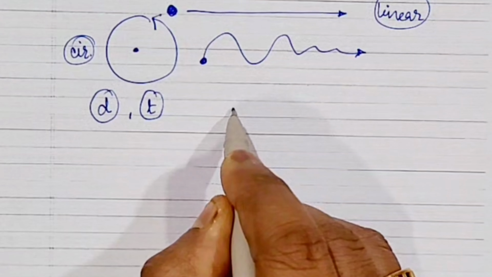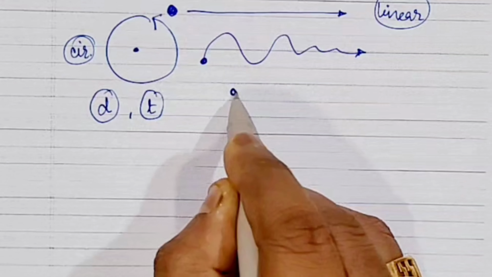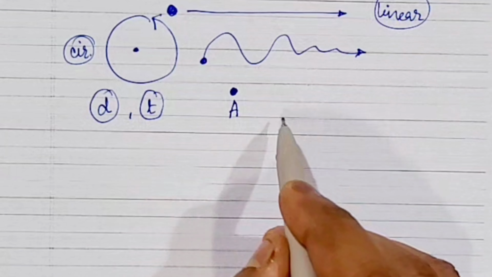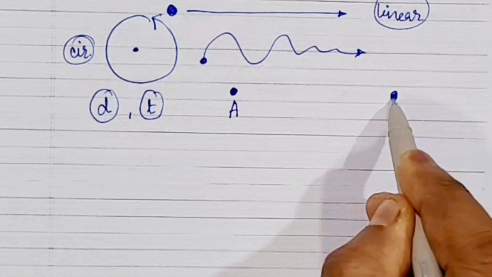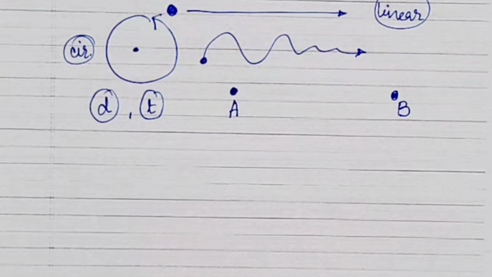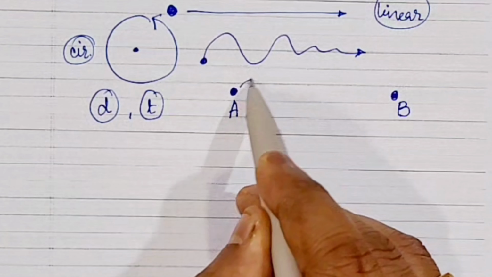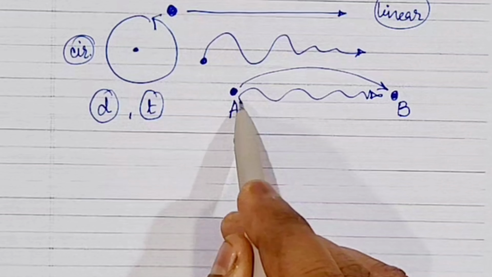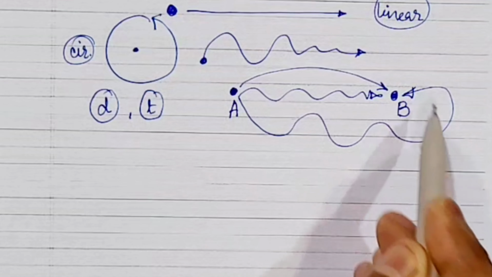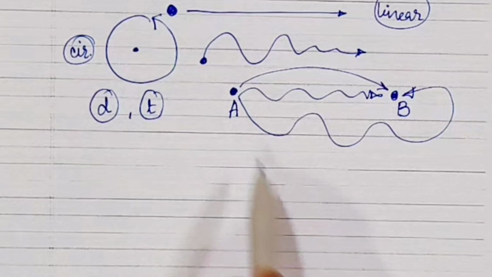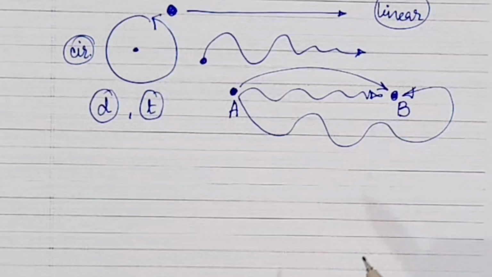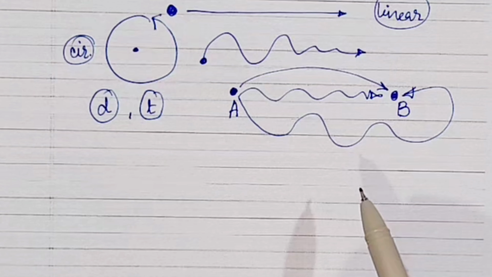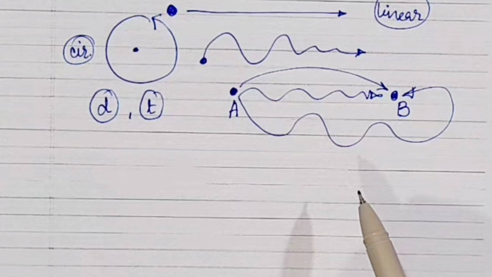Let's say a particle started at initial position A, it started moving and it finally ended at B. So if we do not care about which path it had taken, but we just care about what was the initial and the final position of the particle, we are interested in what is the displacement of the particle through space.